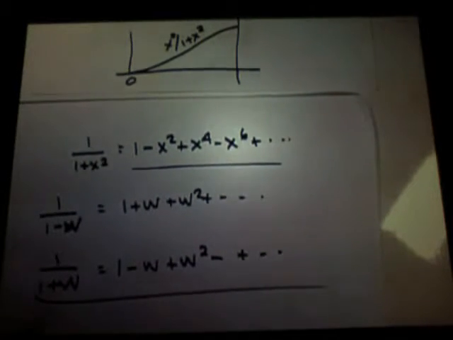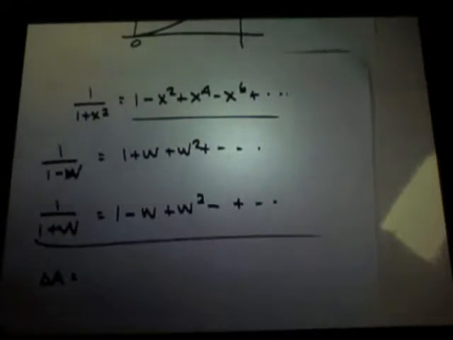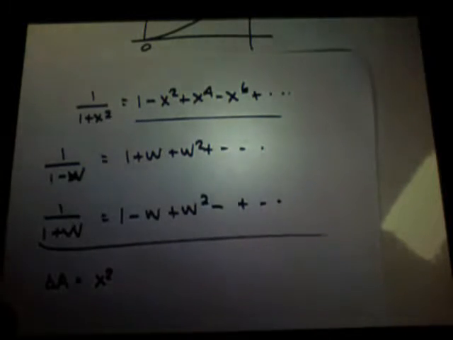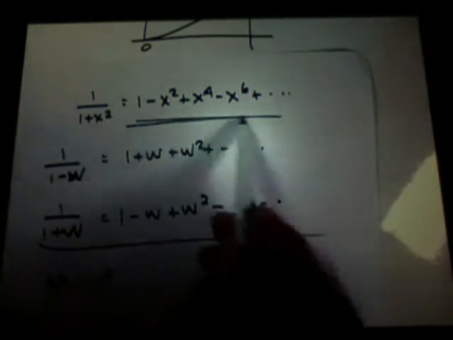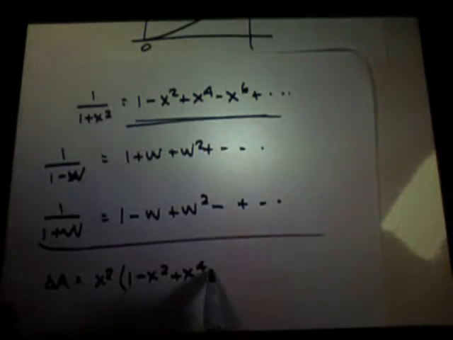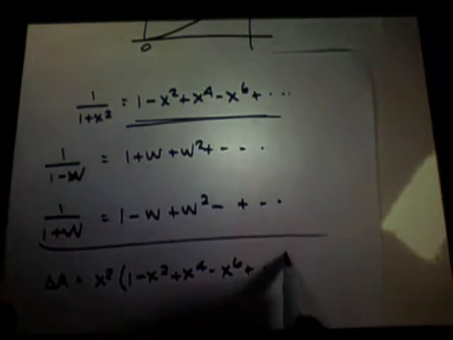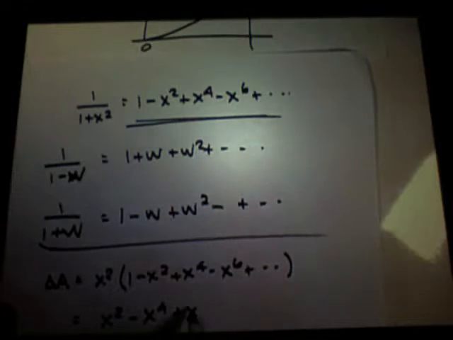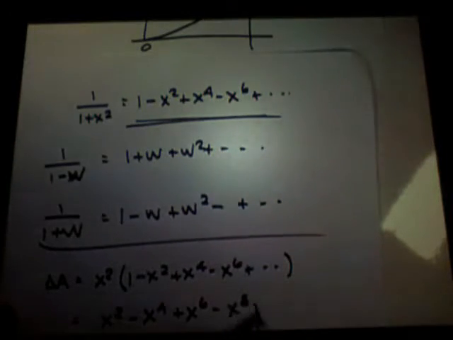So now, delta A is going to be x squared over 1 plus x squared, but that is this, multiplying that out. Yes, it's uniformly convergent, so that is kosher.